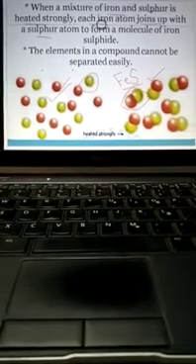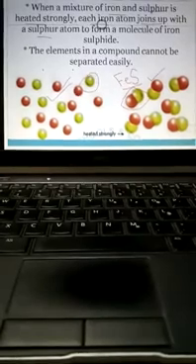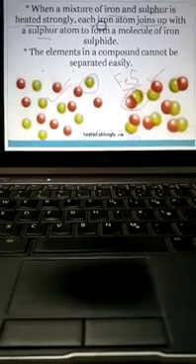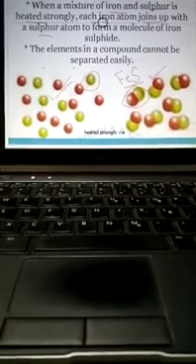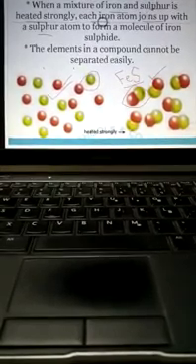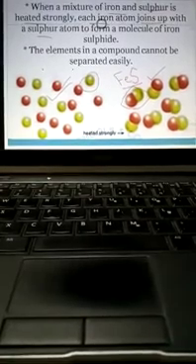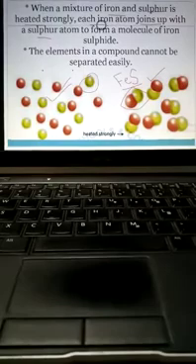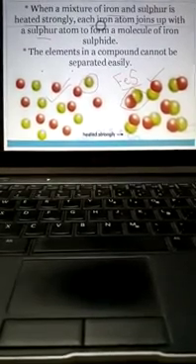These both are joined up like this, and their name is iron sulfide. Their formula is Fe for iron and S for sulfur. This is the formula of iron sulfide.